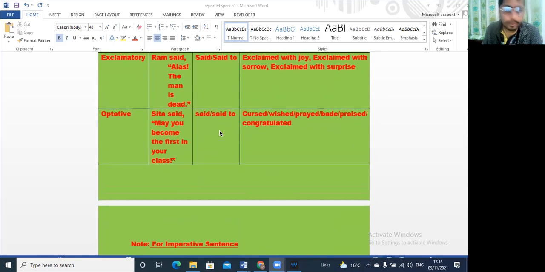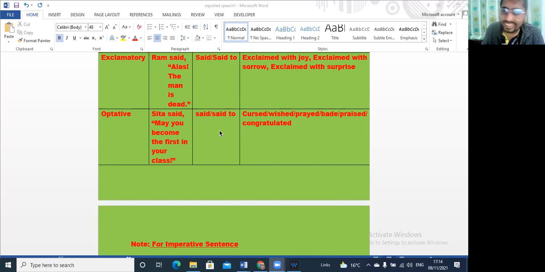We discussed previously up to the interrogative sentence. Now I'm going to teach you the two remaining kinds of sentences, that is the exclamatory sentence and the optative sentence. After this, the whole part of reported statement would be completed.